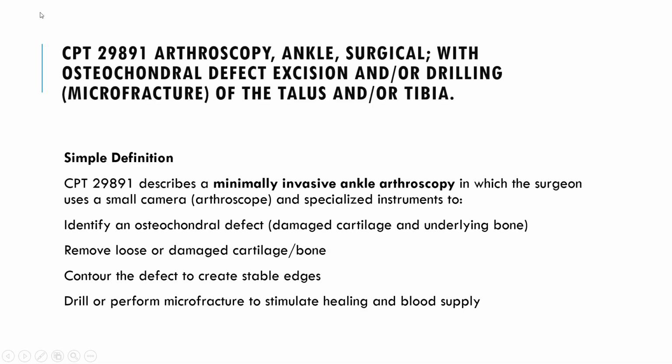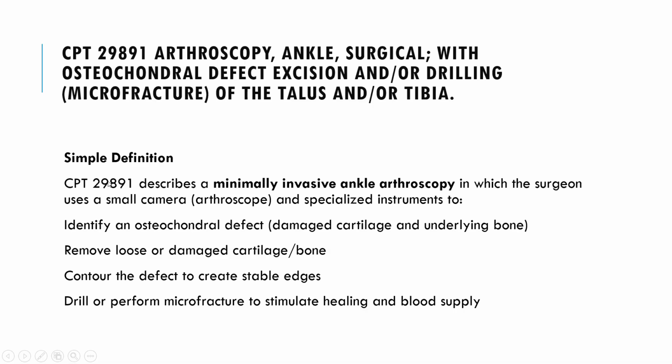Here the physician will do osteochondral defect excision, or he will say microfracture drilling, ankle arthroscopy surgical drilling, or OCD excision. In that case you will need to code CPT 29891.